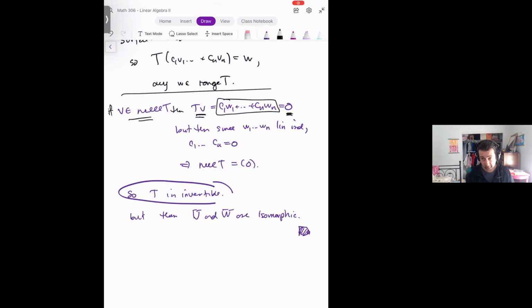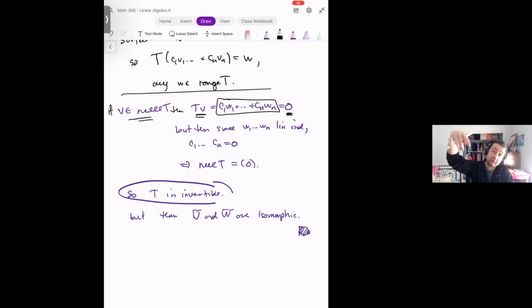So anything in the null space forces those coefficients as a linear combination of the basis. If 0 comes out and you have to express 0 as a linear combination of the W's, there's only one way to do that, which is that all the coefficients have to be 0. W is a basis, right?